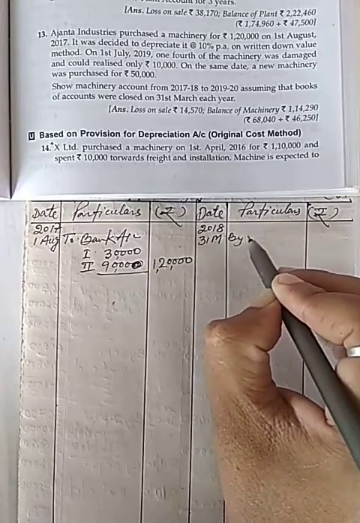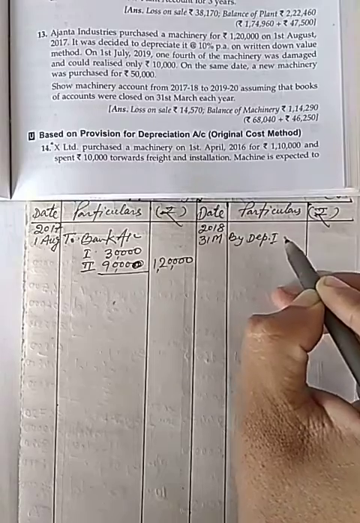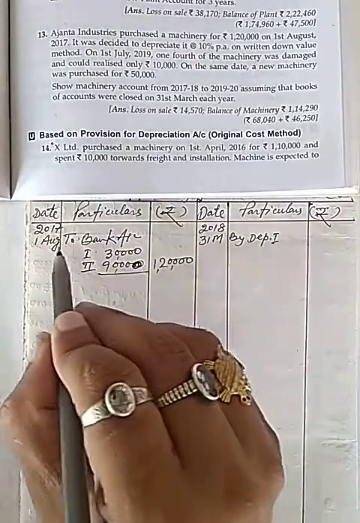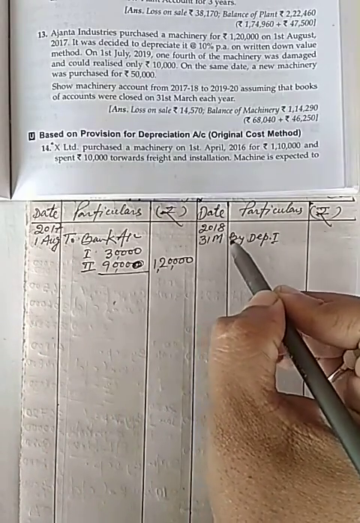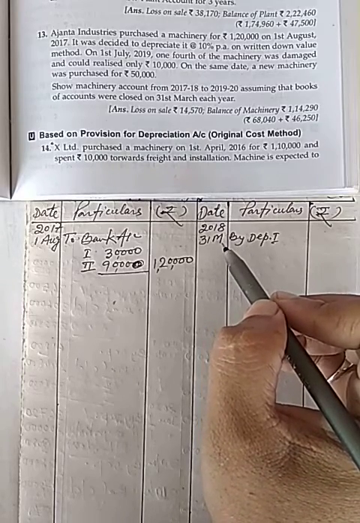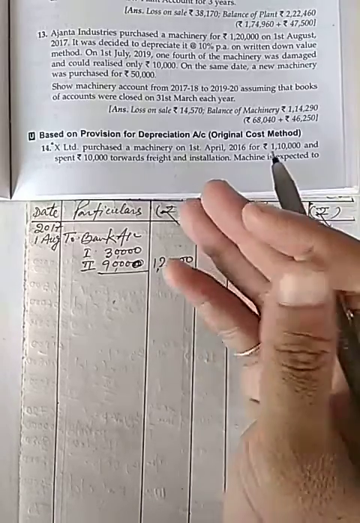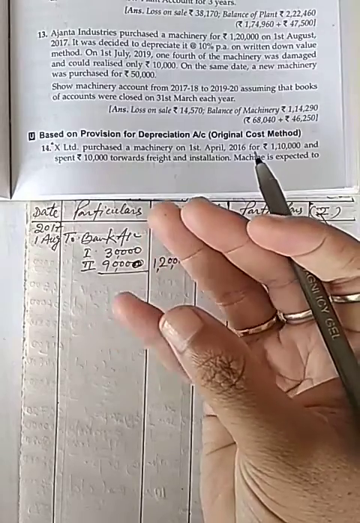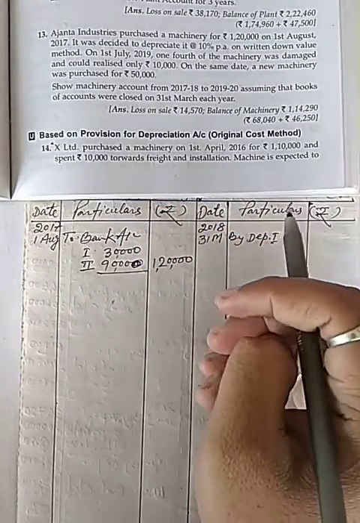By depreciation on first part of machine will be from 1st August to 31st March. So when we calculate months, it will be August, September, October, November, December, January, February, March, and it will be 8 months.